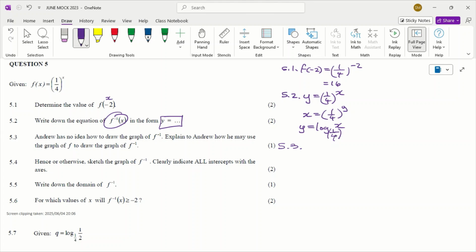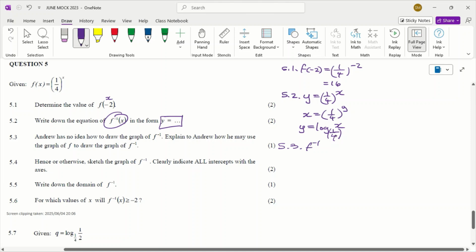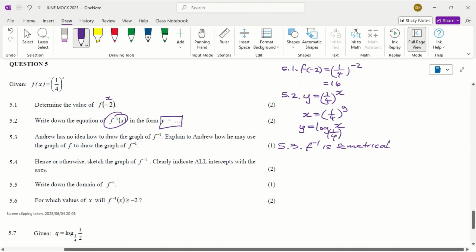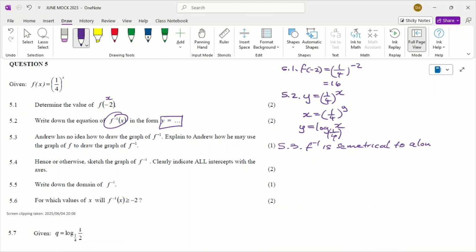So what you can say is that the inverse of f is symmetrical to the function along the line y is equal to x.